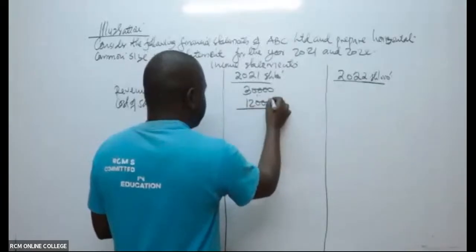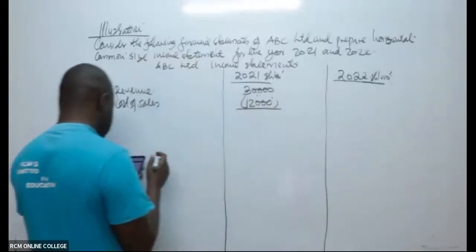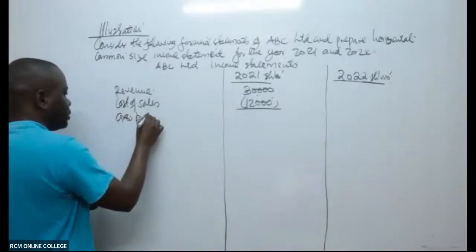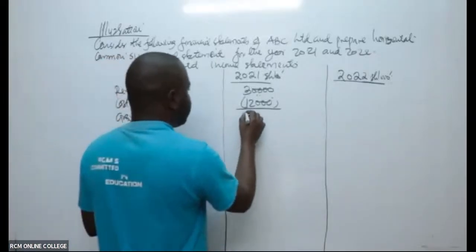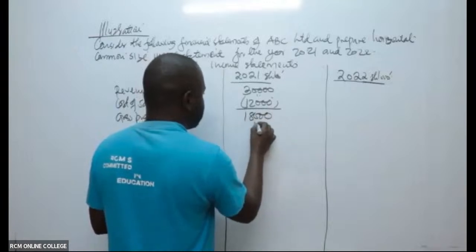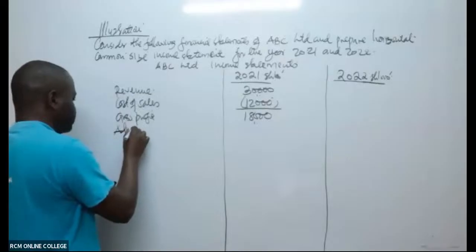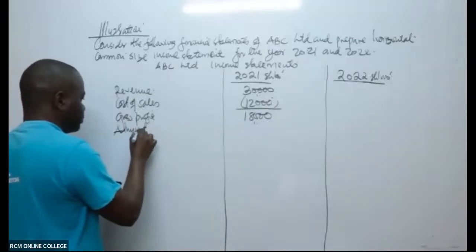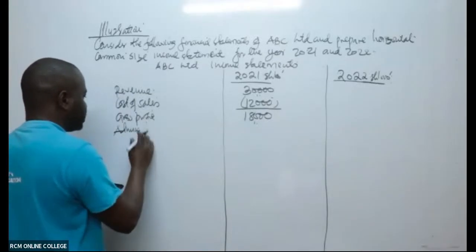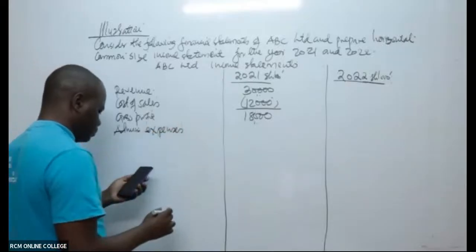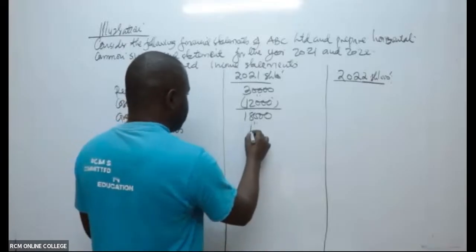So that gives you gross profit of 18 million. Administration expenses are 1.5 million.